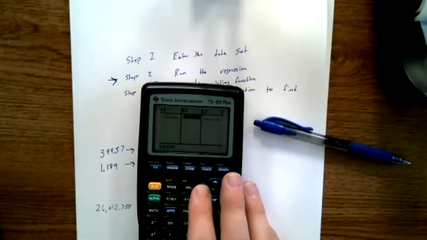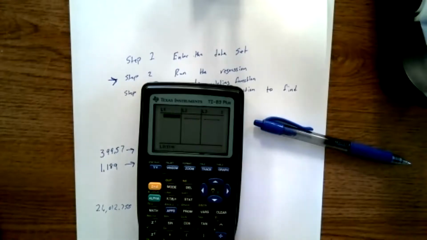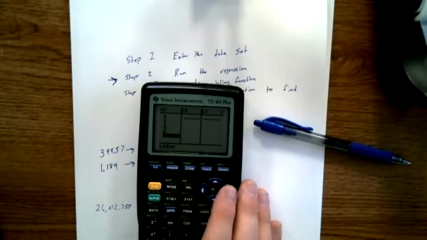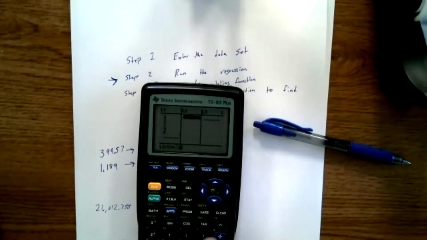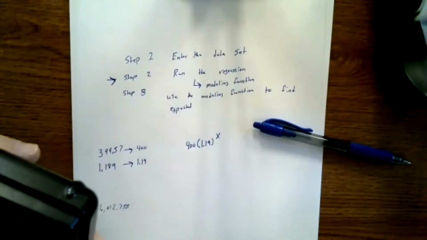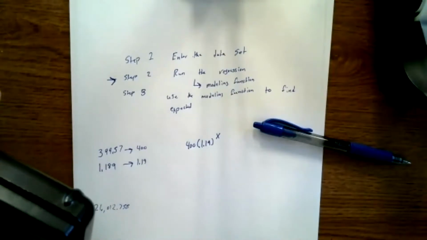All right, so L1 is my list of X values. So 1, 2, 3, 4, 5, just like that. L2 is my Y values. Okay, double check to make sure I got it in properly. 250, 270, 292, 315, 340.